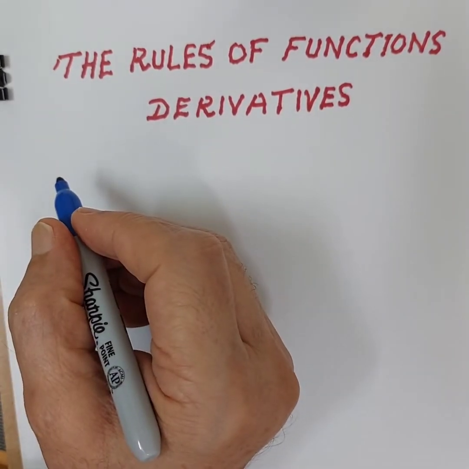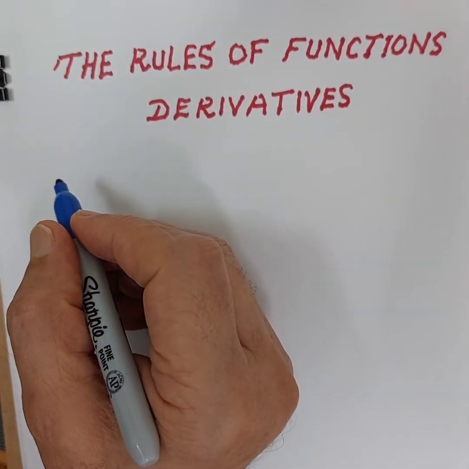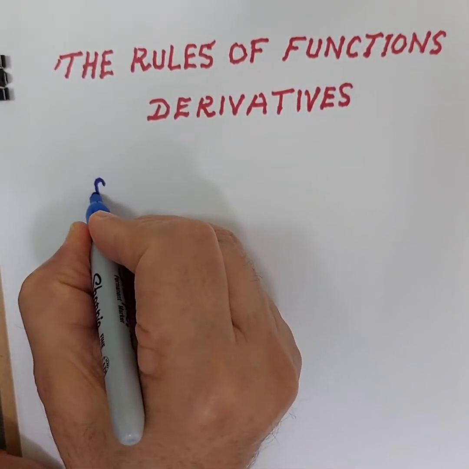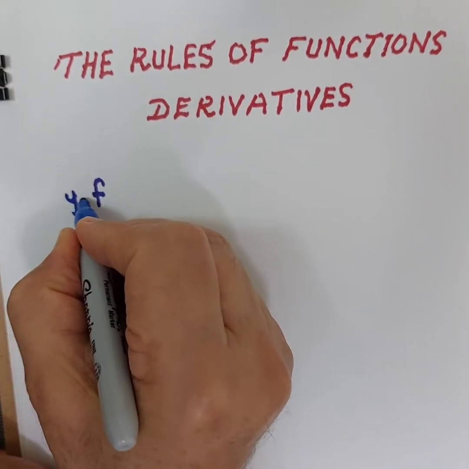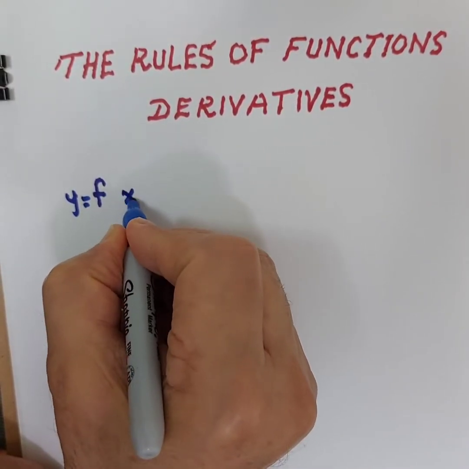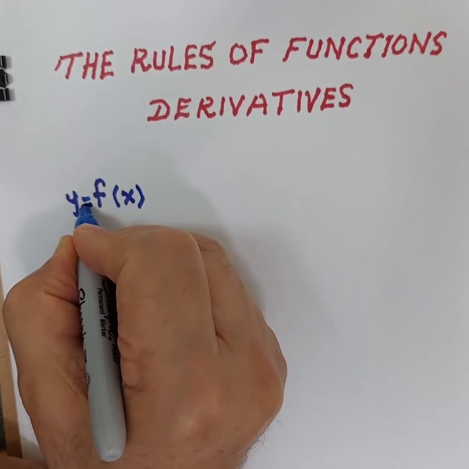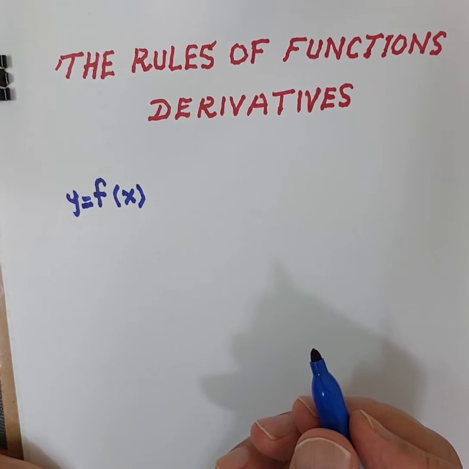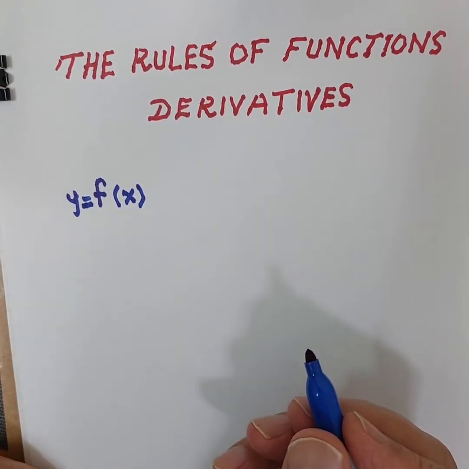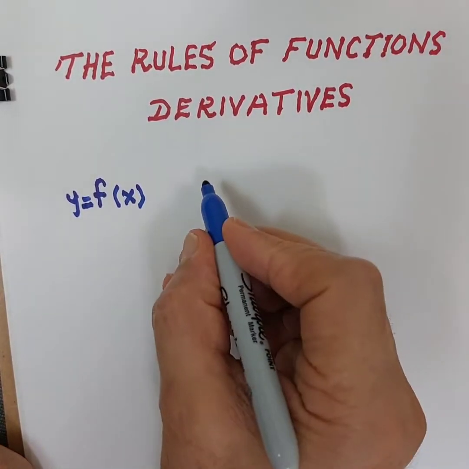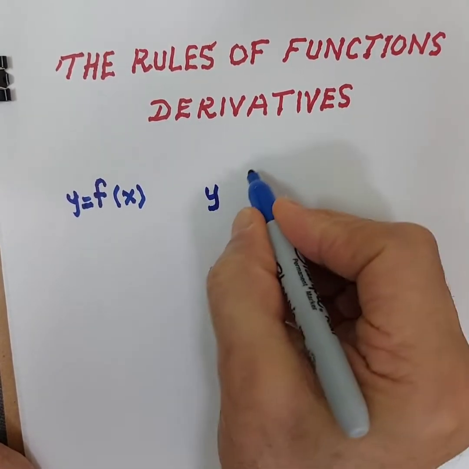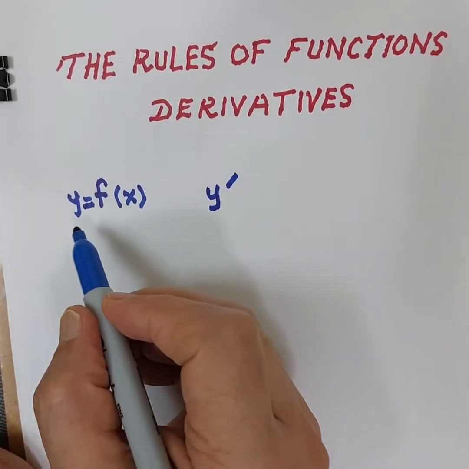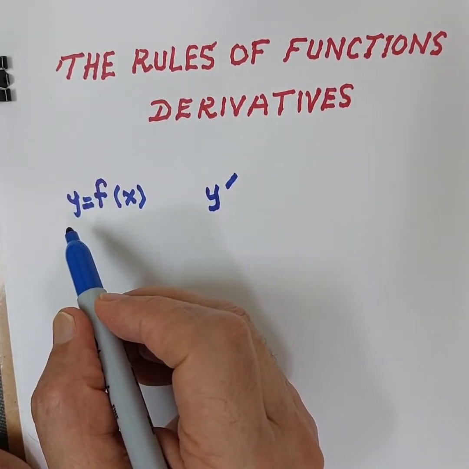Before we start talking about the first rule, let us know these symbols. When we have a function like y is a function of x, and we need to write the derivative symbol, there we can write a symbol like y dash. It refers to the derivative of the function.